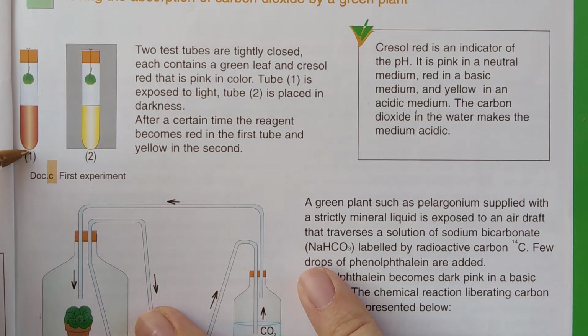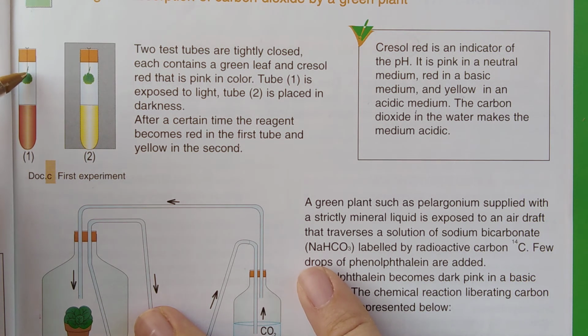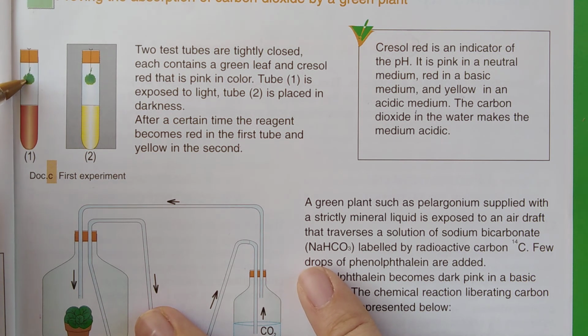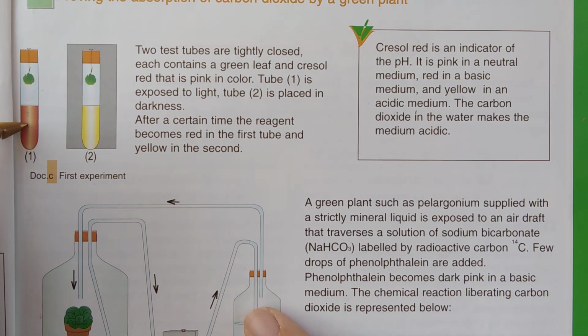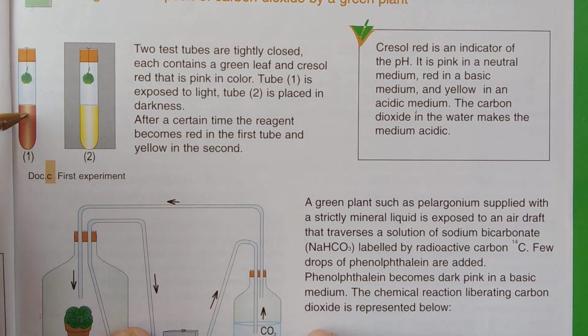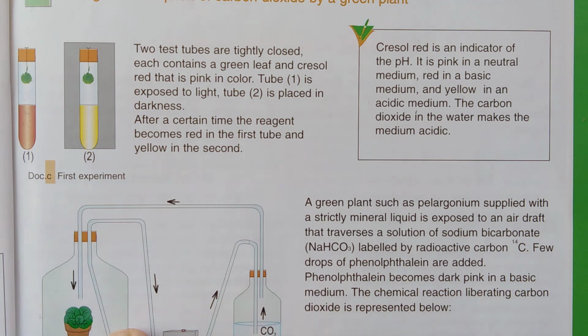So in the first tube, tube 1, they introduced a green living plant and enclosed it in a test tube with the space empty, and they introduced the cresol red at the bottom of this test tube. So a red color will be obtained with the green plant in test tube 1.